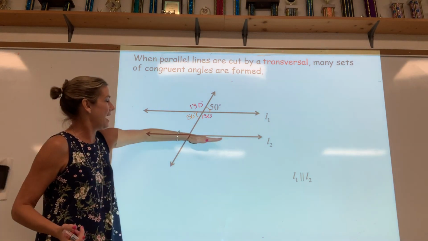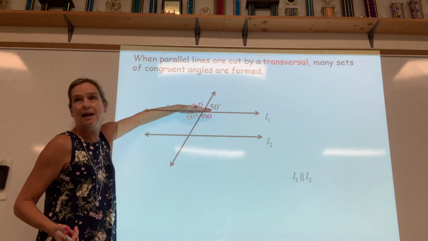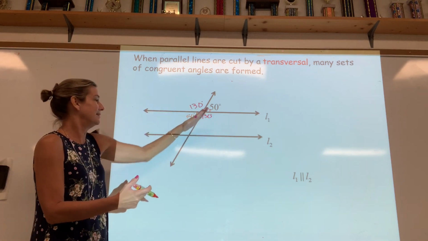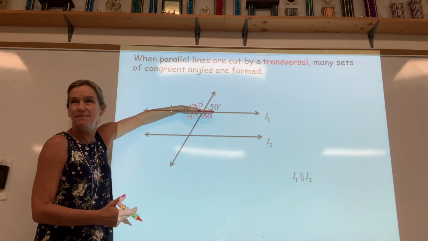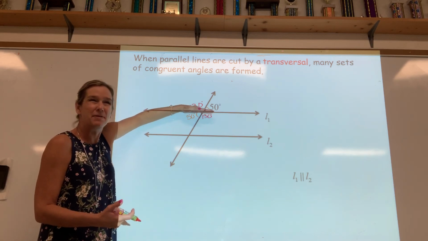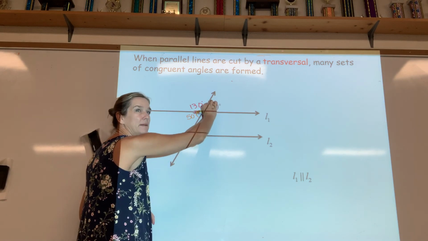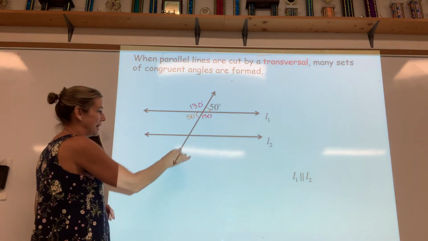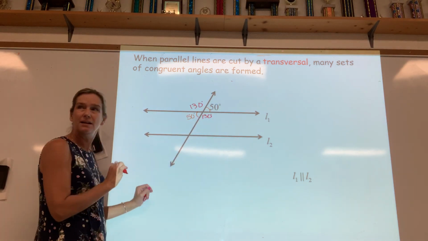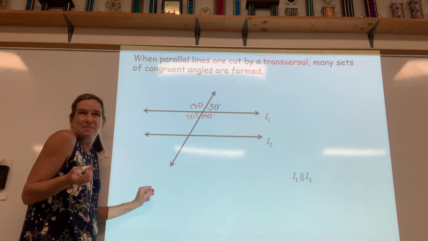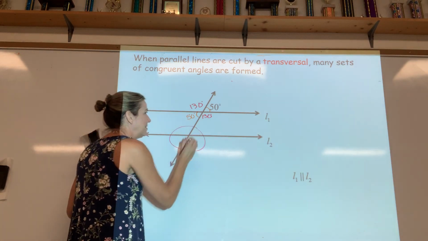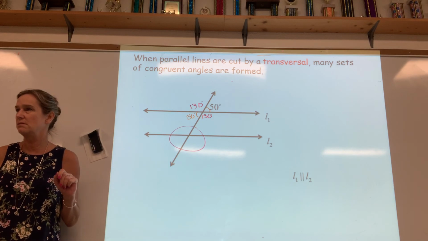If this line L2 is parallel to L1, that means the tilt of it is the same as the tilt of this one. So doesn't it seem reasonable that if this one's slanted the same as this one, but this is the same line up here as it is down here, then it's just common sense that all four of these angles are going to be the same as all four of those?